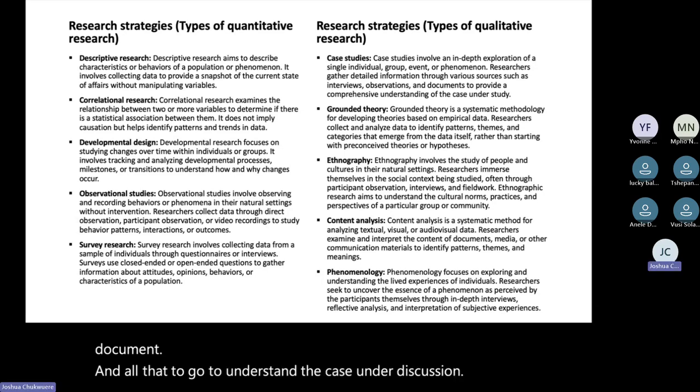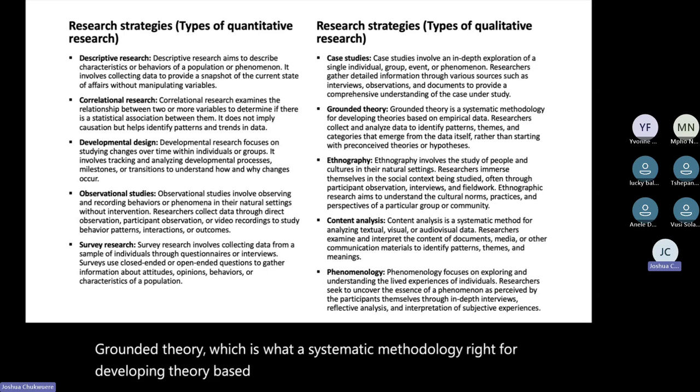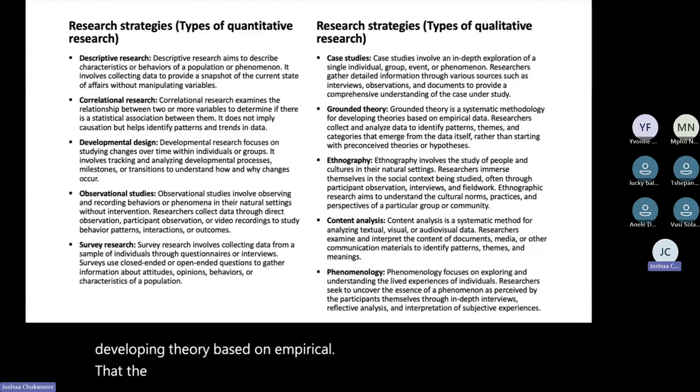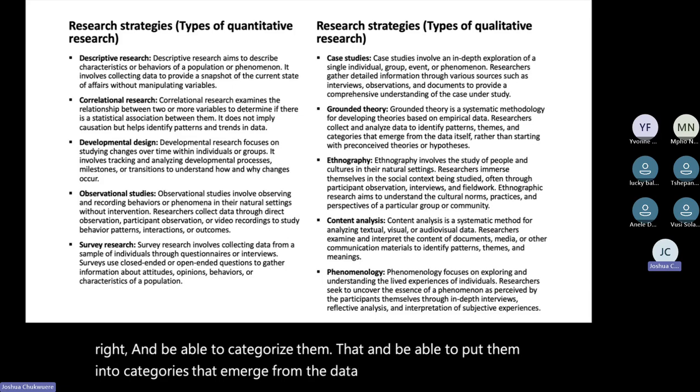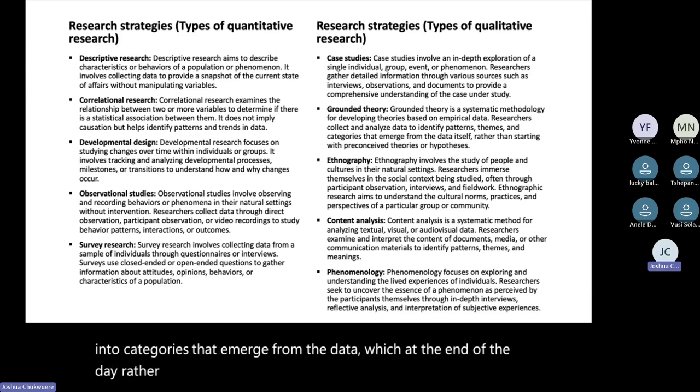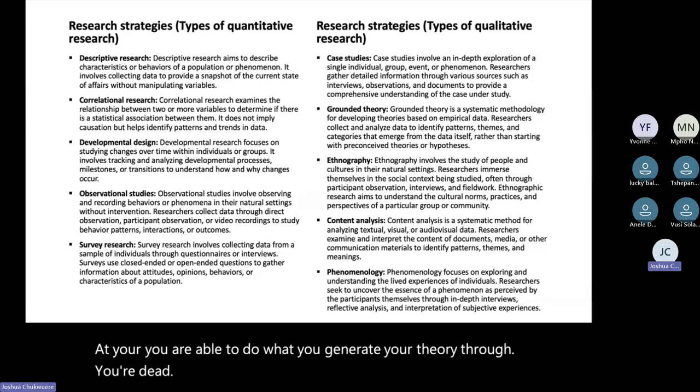Grounded theory is a systematic methodology for developing theory based on empirical data. The researchers collect and analyze data to identify patterns and categorize them into categories that emerge from the data, which at the end of the day, rather than starting with a theory, you are able to generate your theory, your hypothesis, through your data.